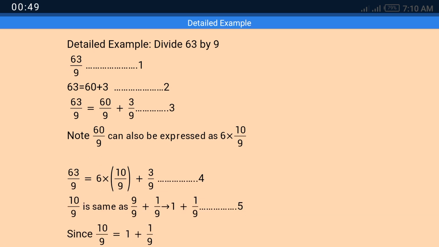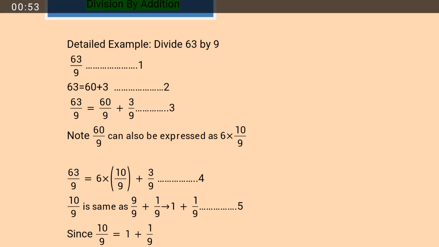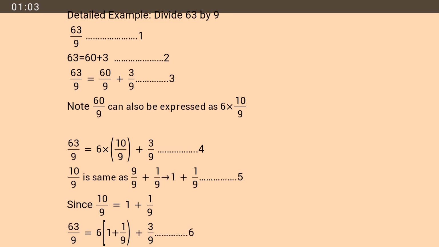Now, if you observe carefully, you see that the 60 over 9 can be expressed as 6 times 10 over 9. Our emphasis is on the 10 over 9. Let's see how we can express 10 over 9 further. But also remember that the 6 is multiplying 10 over 9, so whatever term comes out of 10 over 9 will be multiplied by 6.